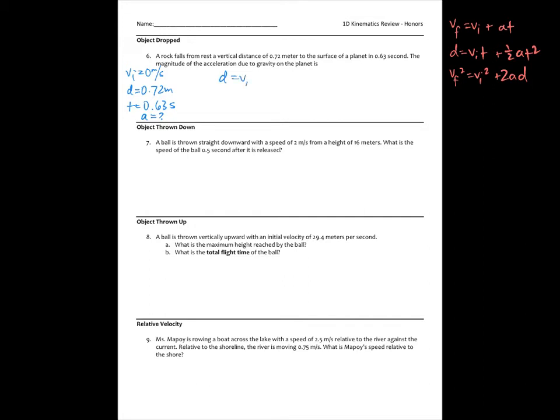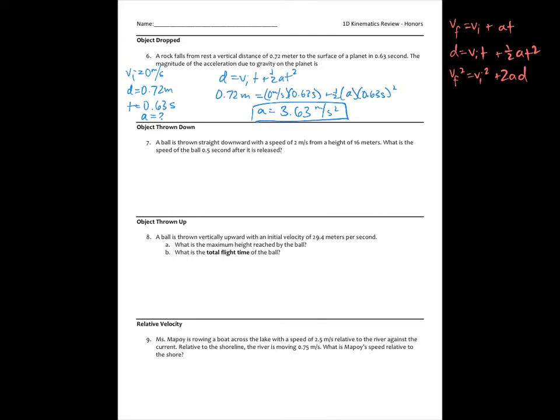So we're going to use this equation. Alright, plug and chug, find your acceleration. You get 3.63 meters per second squared as your acceleration.